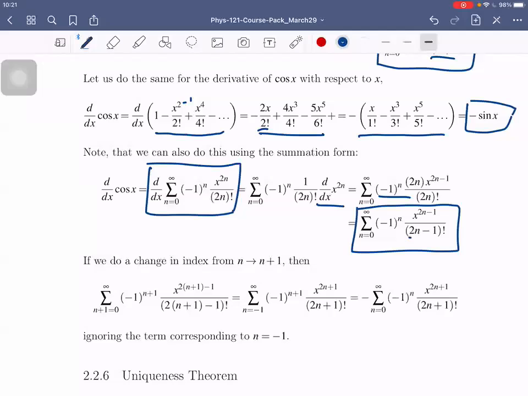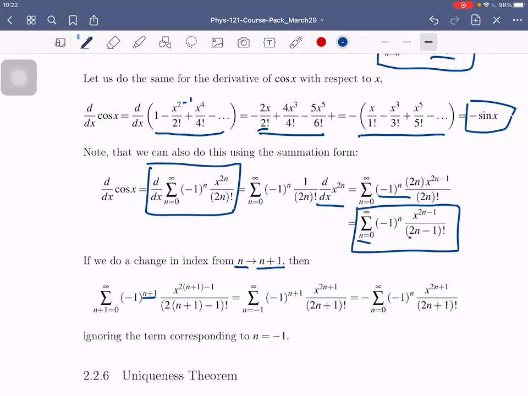But if you use a trick, you can change the index. If we change the index from 1, you add to the n only, not to the whole 2n plus 1. So let's say we change from n to n plus 1. You replace every n with n plus 1. So it becomes 2 times quantity n plus 1 minus 1.